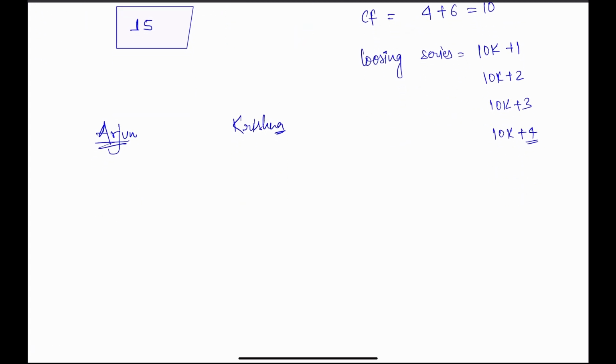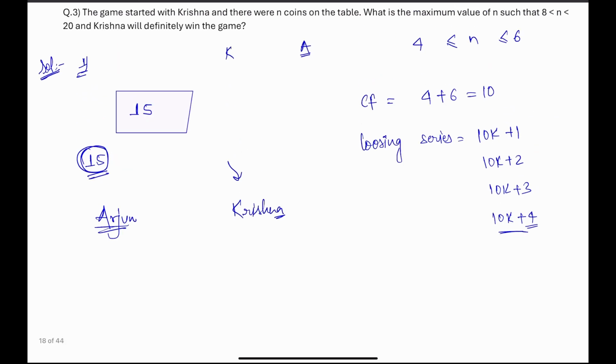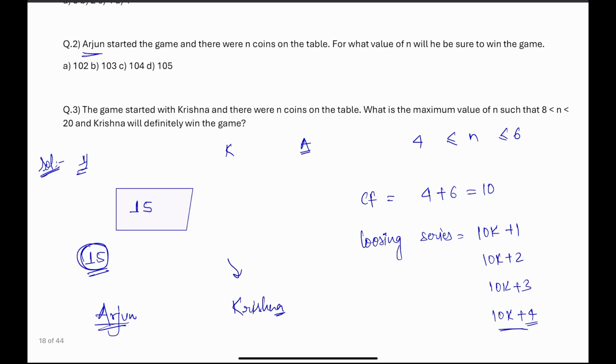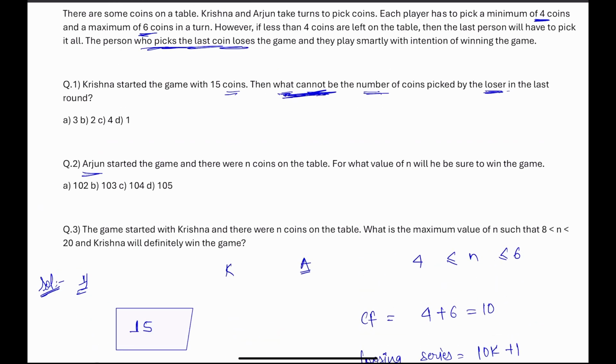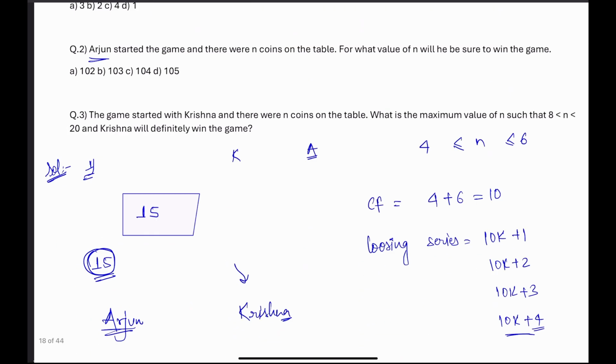So he wants to bring Krishna onto these losing series, correct? So if there are 15 coins, the question is, what cannot be the number of coins picked up by the loser in the last round?